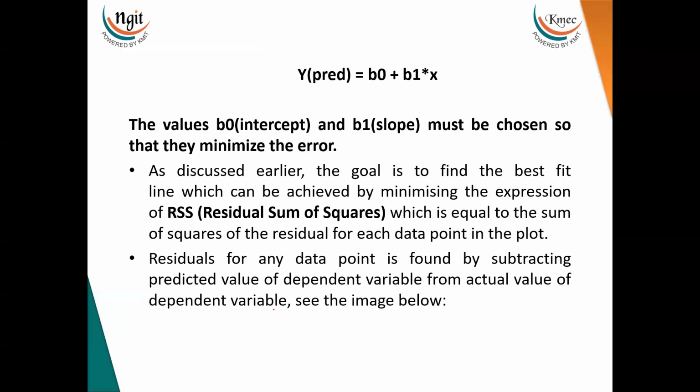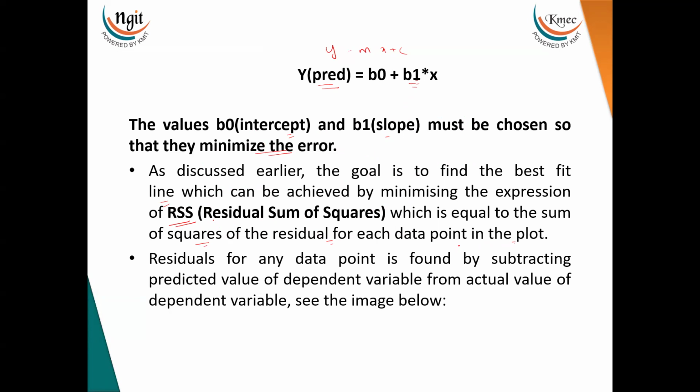For that, the formula I already told you earlier is y = mx + c. Here y is the predicted value, the dependent variable. The values b0, the intercept, and b1, the slope, must be chosen so that we minimize the error. As we discussed earlier, the goal of linear regression is to find the best fit line, which can be achieved by minimizing the residual sum of squares, which is the sum of the squares of the residuals for each data point in the plot.